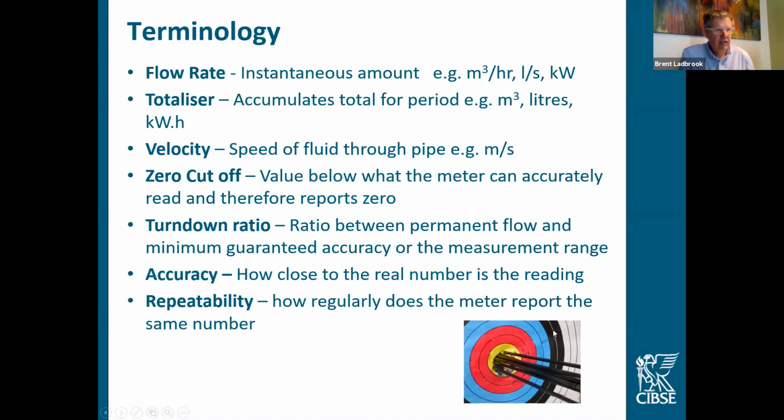We could also have them averaged all over the target, and if the center of that was the bullseye, we'd have fairly good accuracy, but not very good repeatability. So those two terms are often thrown about, and often people are after both, but often they're more interested in repeatability than accuracy.